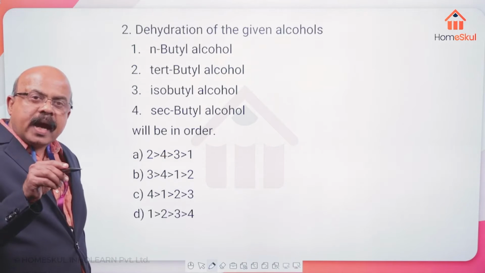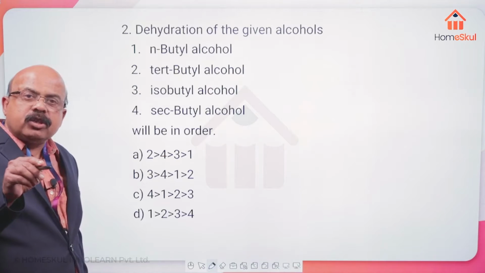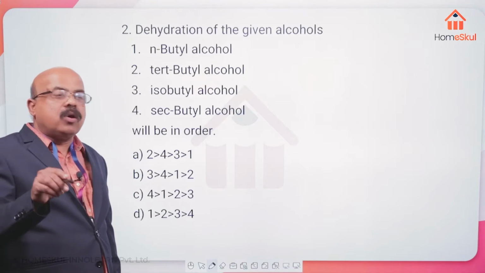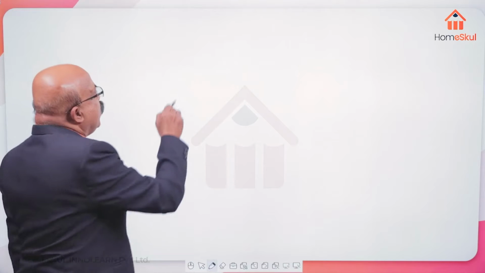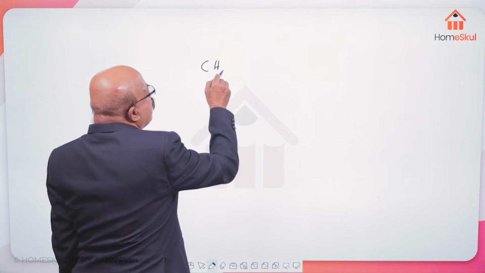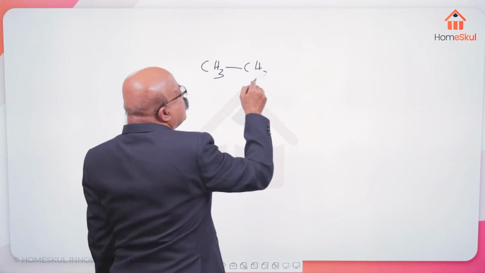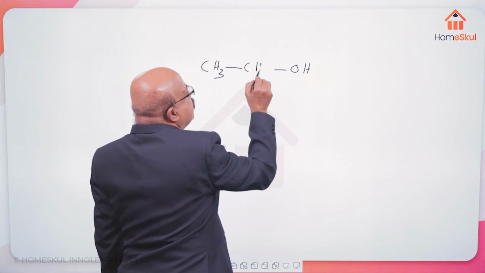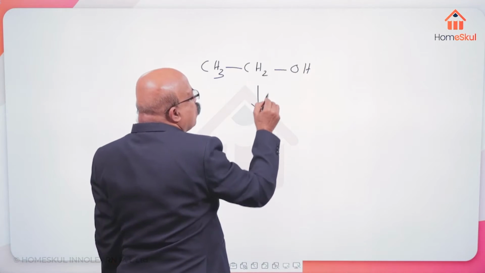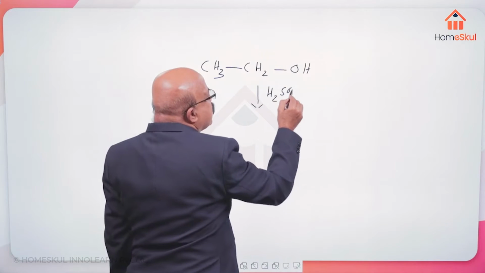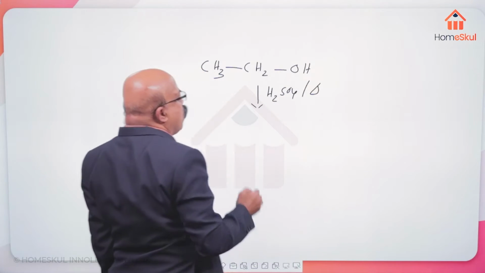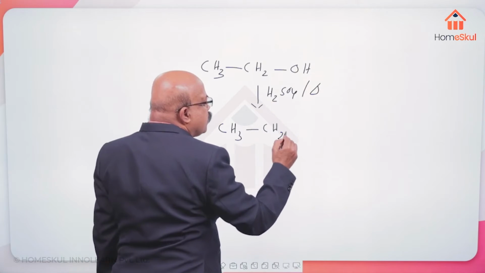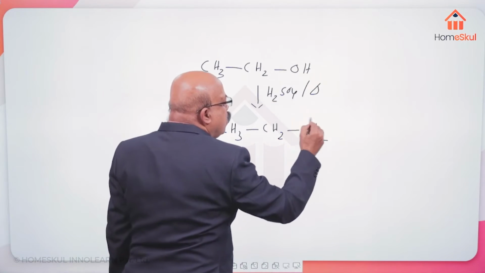During the dehydration of alcohols, the intermediate formed is a carbocation. That is very important. During the dehydration of an alcohol, CH3CH2OH, on treatment with concentrated sulfuric acid on strong heating, first step is protonation of the alcohol.